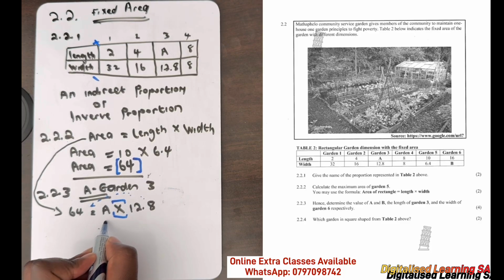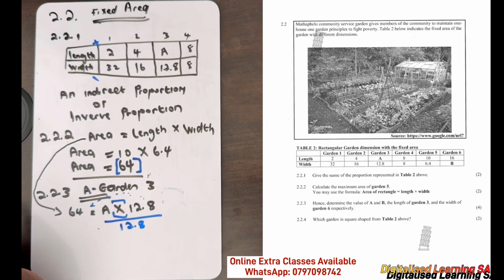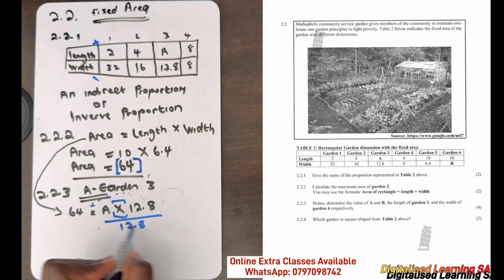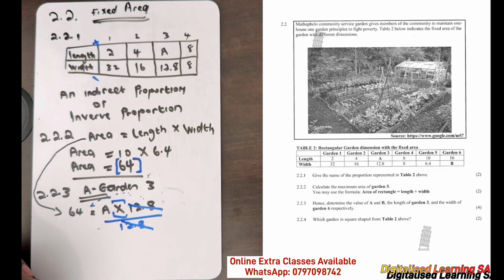So it means that we are going to divide by 12.8. And remember that any number divided by itself, the answer will always be 1. So these two will cancel.